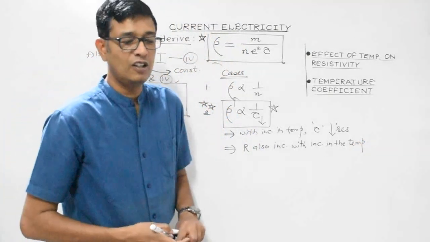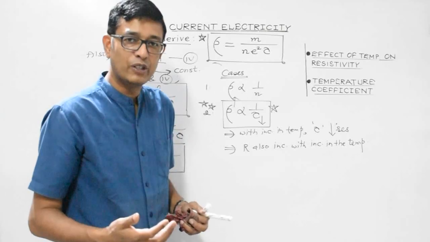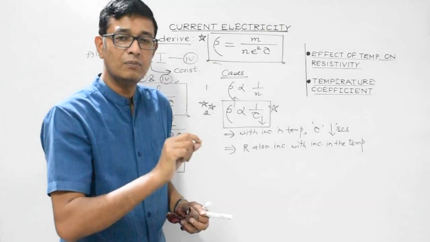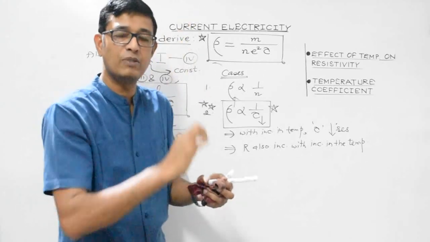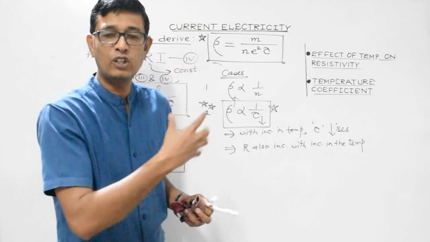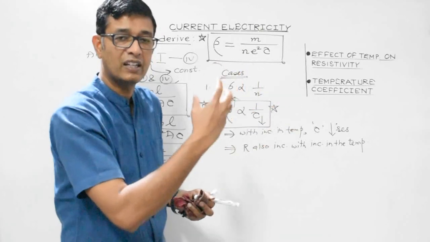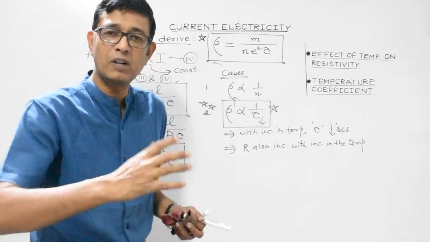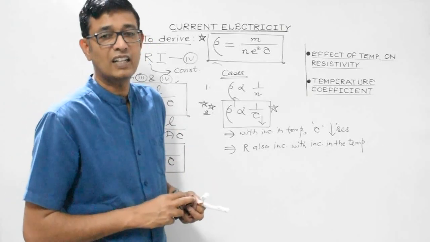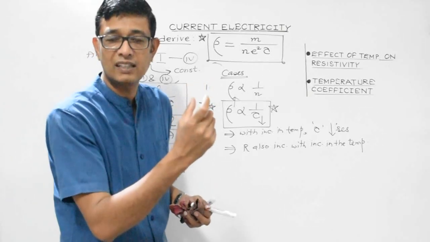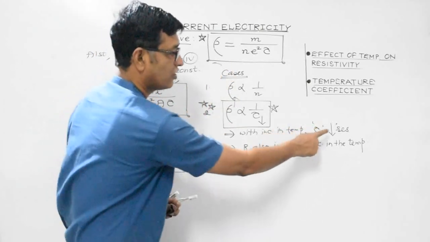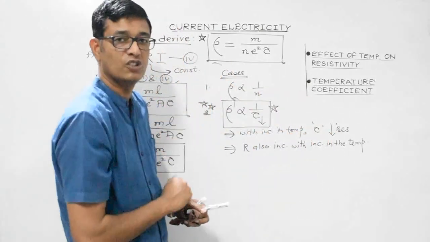Again I repeat, with the increase in the temperature of the conductor, the positive ions start vibrating more vigorously and with greater amplitude. So the probability of an electron colliding with the vibrating ion also increases. That is, the collision takes place much more frequently. That is, the time that has elapsed between successive collisions decreases, or in other words, relaxation time decreases with the increase in the temperature.